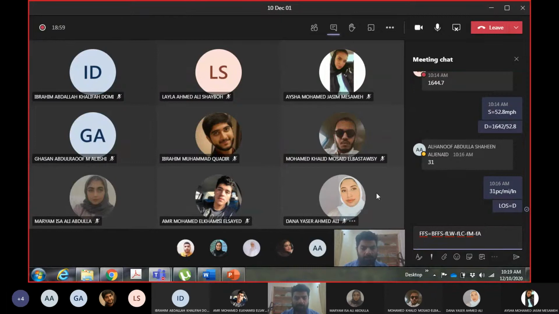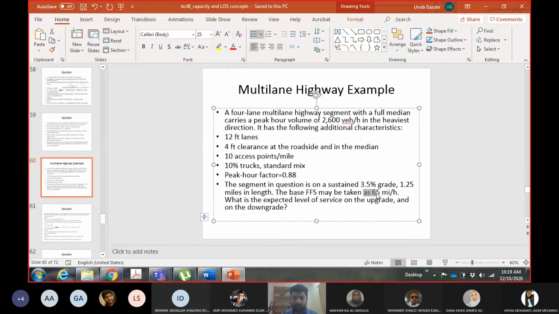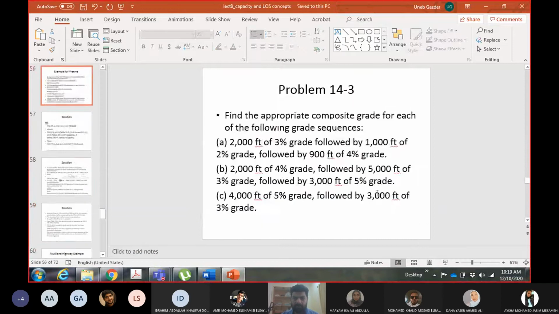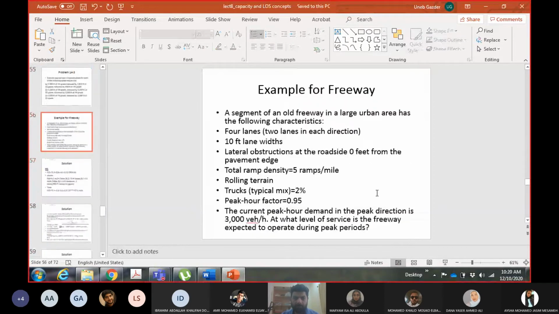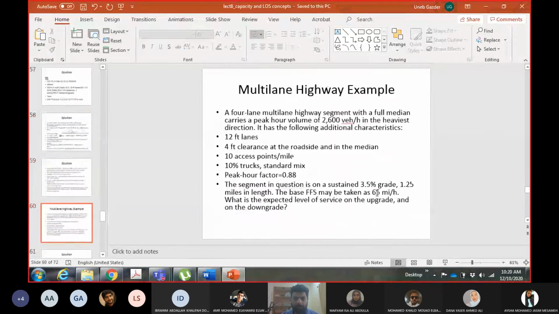Let me just do it directly. So 65 minus the adjustment factor for lane width. Lane width is 12 feet, right? 12 feet is standard. I don't need any lane width adjustment factor.